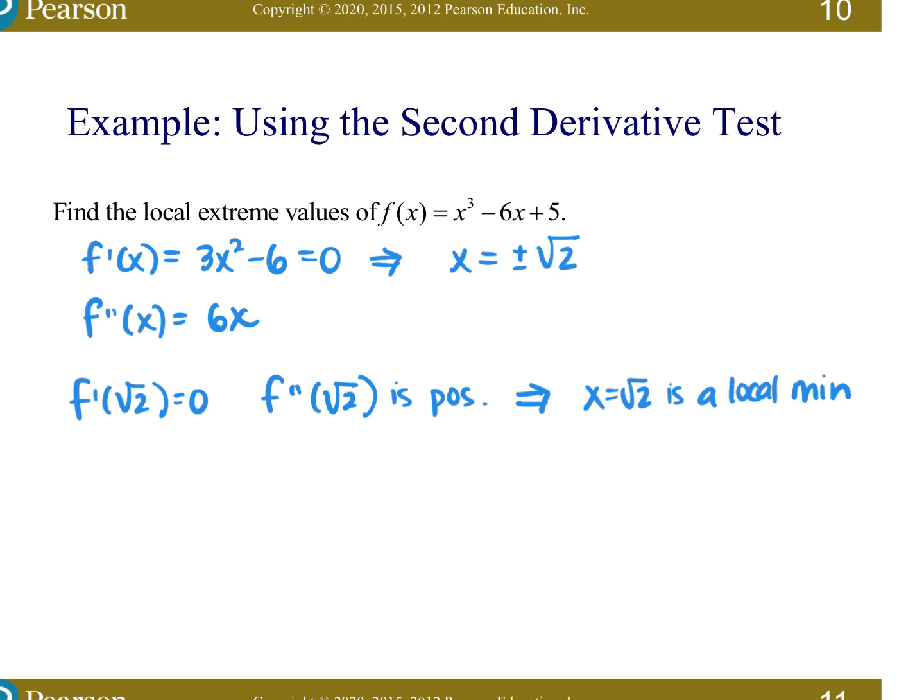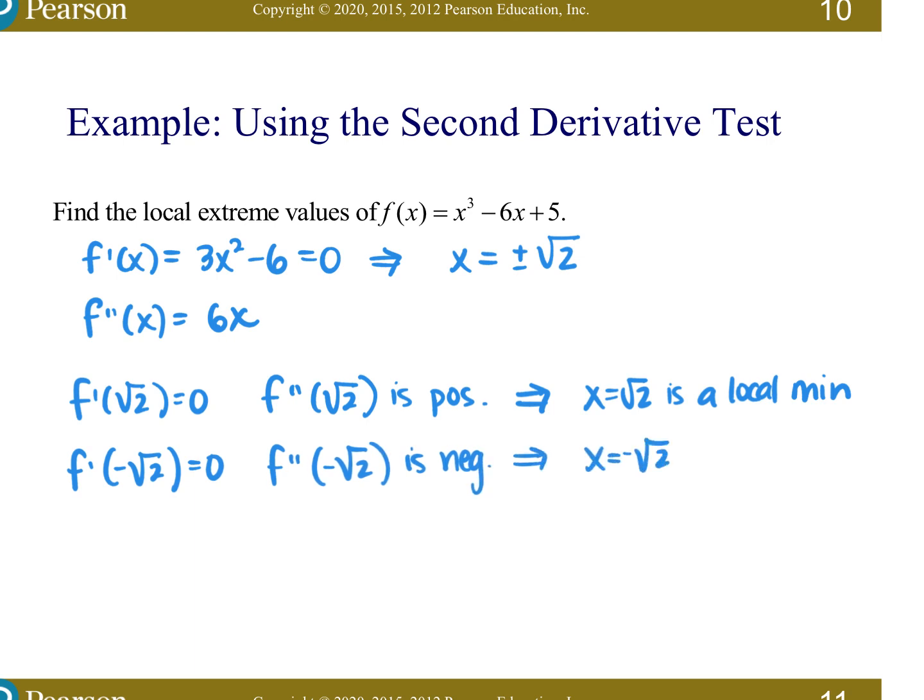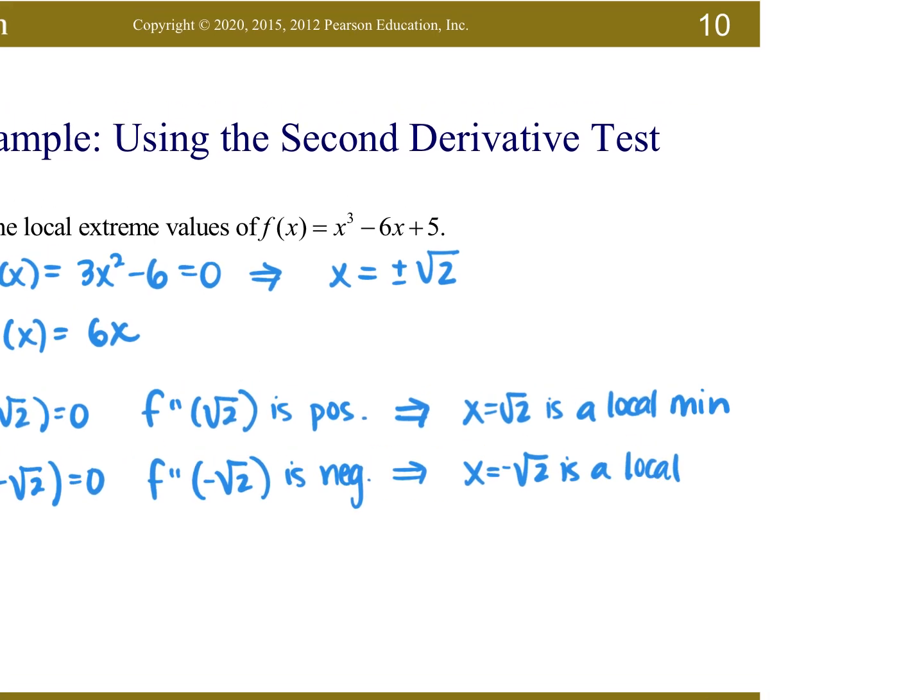The combination of those two things, having a 0 derivative and having positive concavity, would be a local min. I can say f prime of negative rad 2 is also equal to 0, and f double prime of negative rad 2 is negative. That implies that x equals negative rad 2 is a local max.